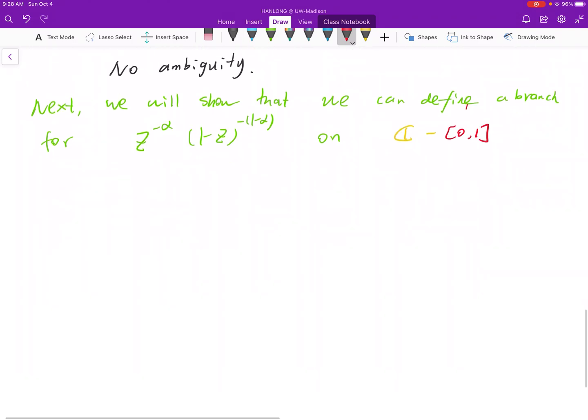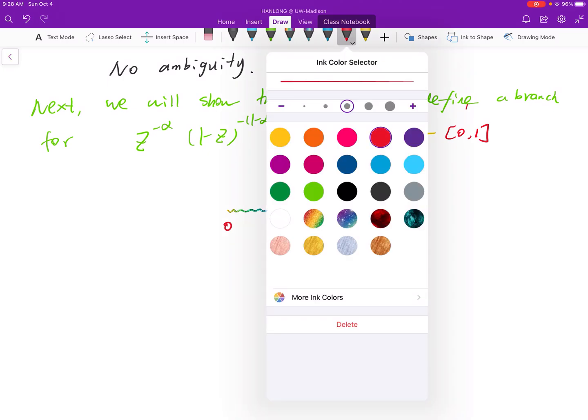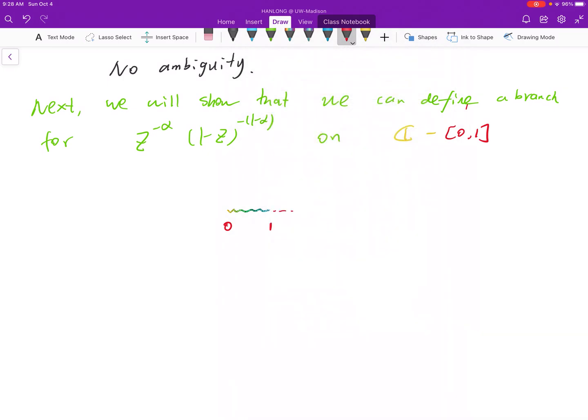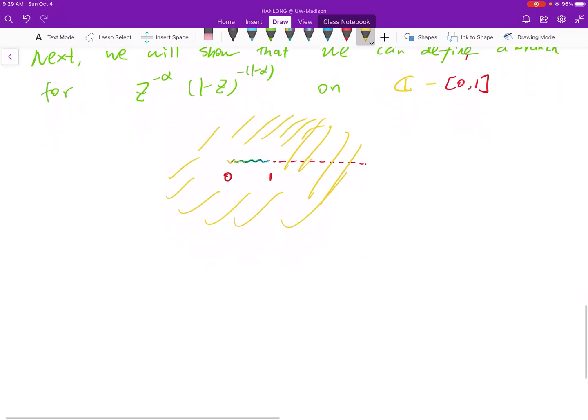So if you draw a picture, we only get rid of this part because that part is good. So this will be our cut, our domain.